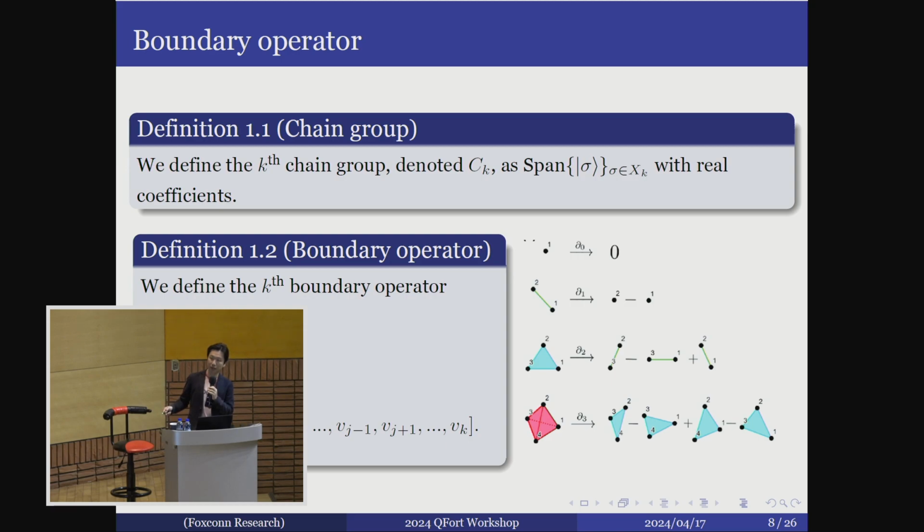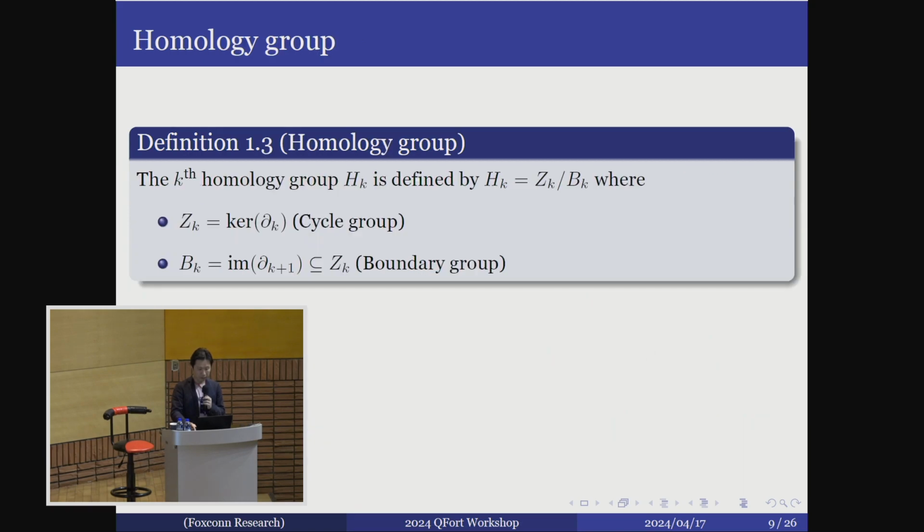So this is how you do it using an example. If you look at this 3 simplex, then you just follow this calculation, and you will have a minus sign here. Okay, so this is the so-called boundary operator. And then we can define the key object, which is called the homology group.